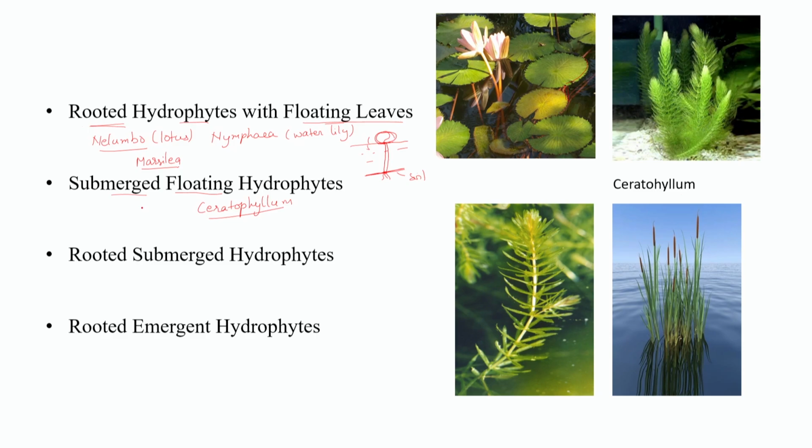That means their root is not attached with the mud which is present in the water bodies. They are not attached with the soil, so they are completely submerged, but still they are floating inside the water body.